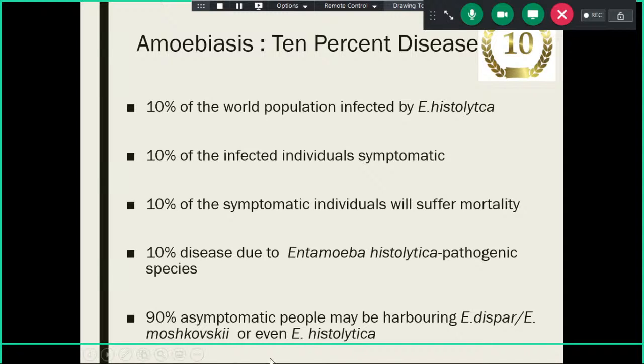What is that? 10% of the world population is infected by Entamoeba histolytica. 10% of the infected individuals are symptomatic. 10% of the symptomatic individuals will suffer mortality. 10% of the infections are due to the pathogenic species, and 90% of the asymptomatic people may be harboring other non-pathogenic Entamoeba like dispar, moshkovskii, and other non-pathogenic histolytica-like species also, which I will tell you how to differentiate.